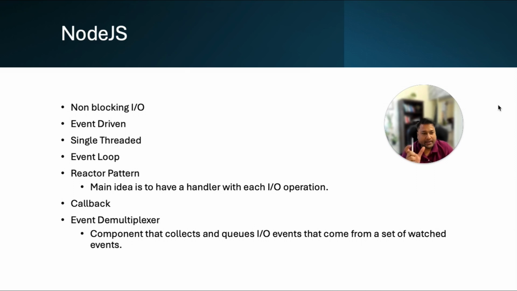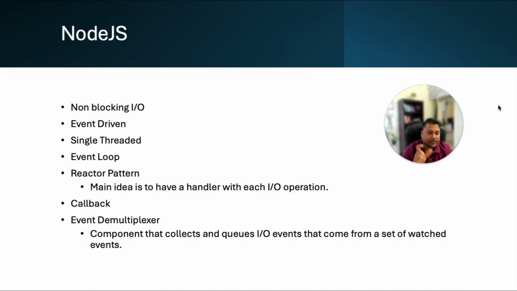So it is basically a component that collects and queues the input/output events that come from a different set of watched resources. Let's say in your operating system you have sockets, right? When I say socket, that means your TCP connection at the operating system level, because the way HTTP works is by making a TCP connection first. TCP is the layer 4 protocol on which your HTTP, the layer 7 protocol, works, right?